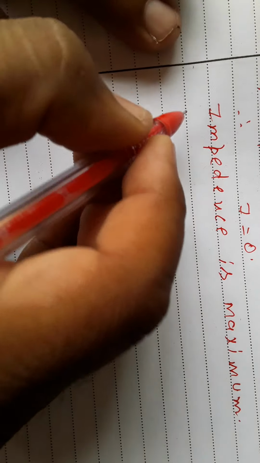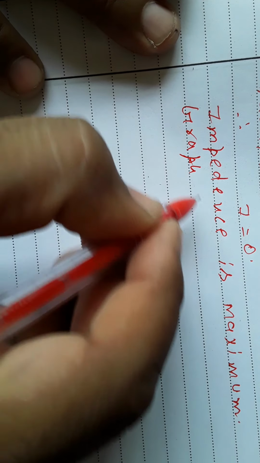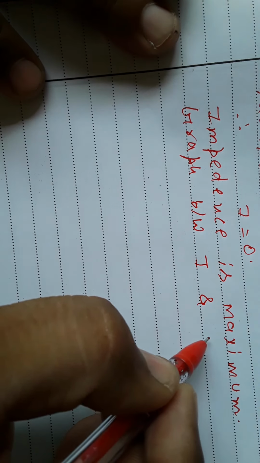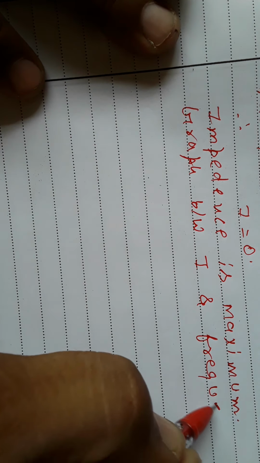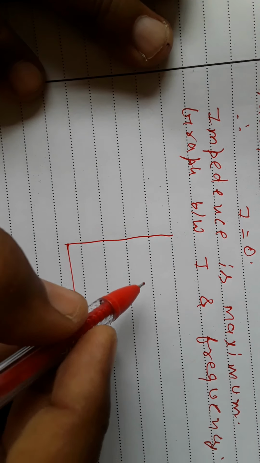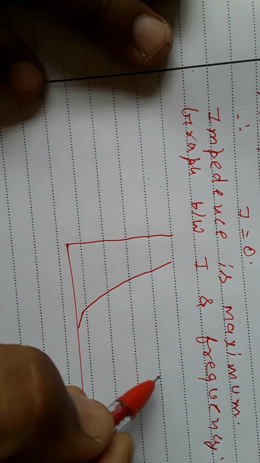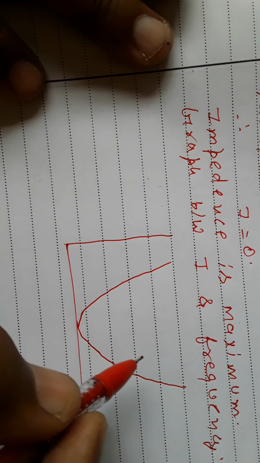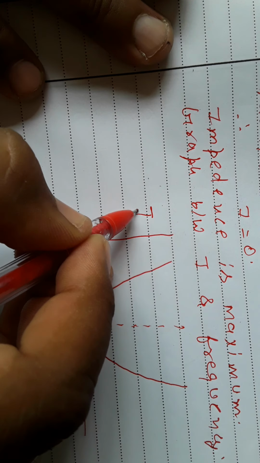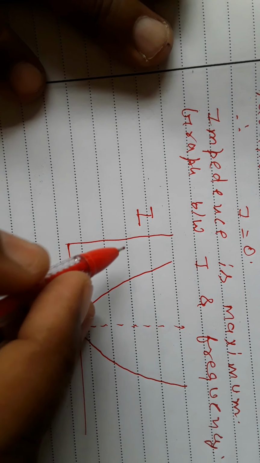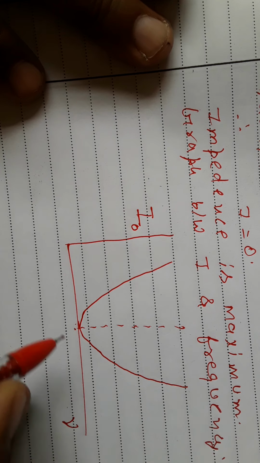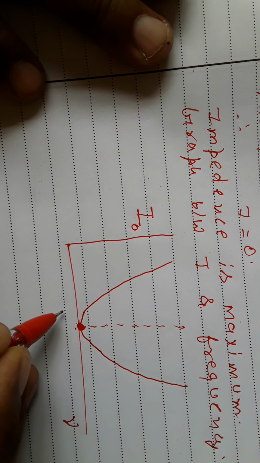Graph between current and frequency. This is current I naught, this is frequency, and this is the resonant frequency.